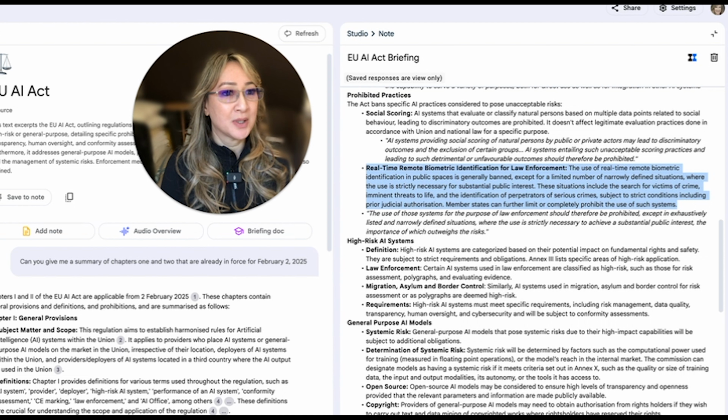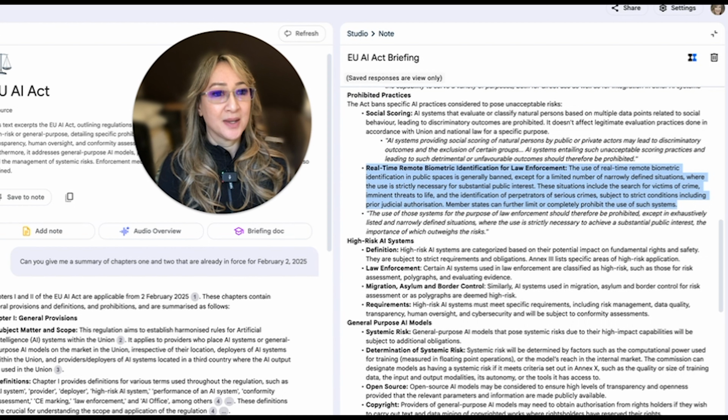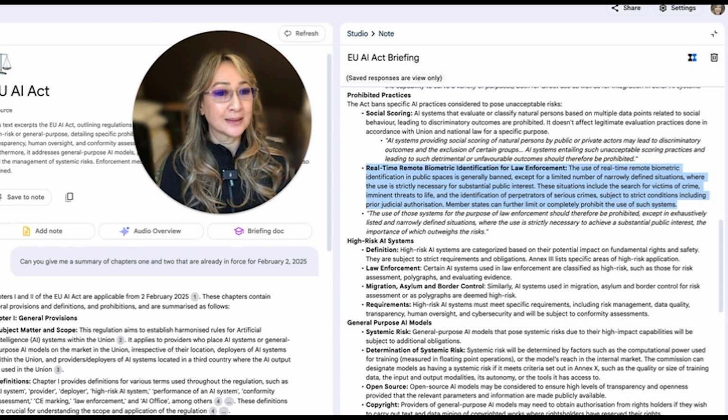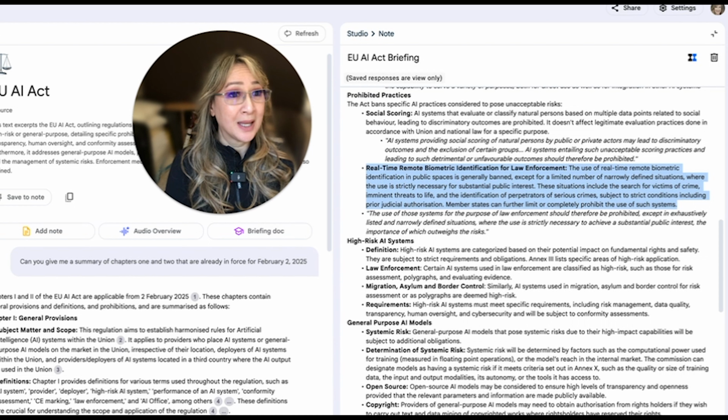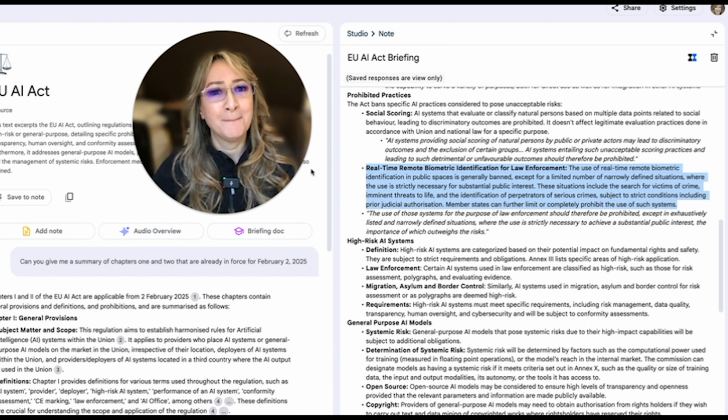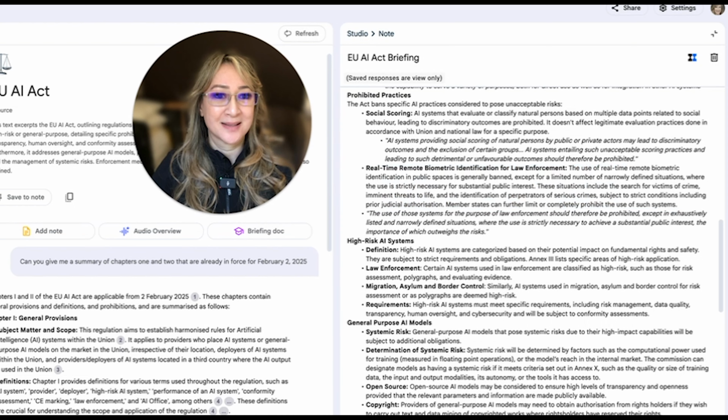Now, these situations include the search for victims of crime, imminent threats to life, and the identification of perpetrators of serious crimes, subject to strict conditions including prior judicial authorization. Member states can further limit or completely prohibit the use of such systems. And so they're the main prohibited practices.